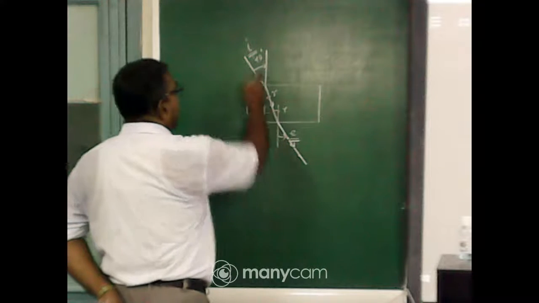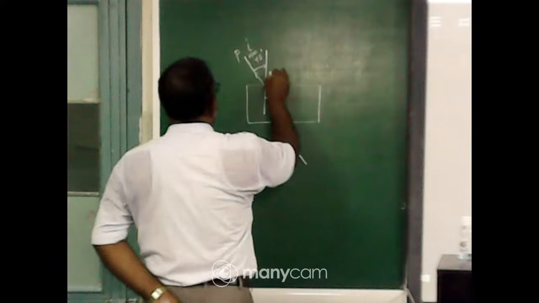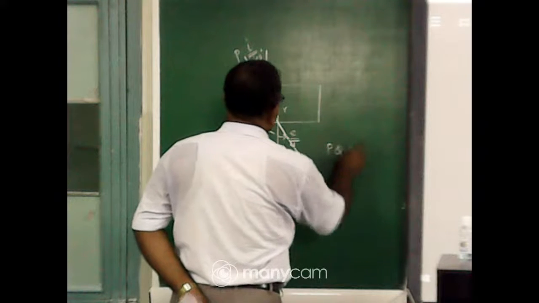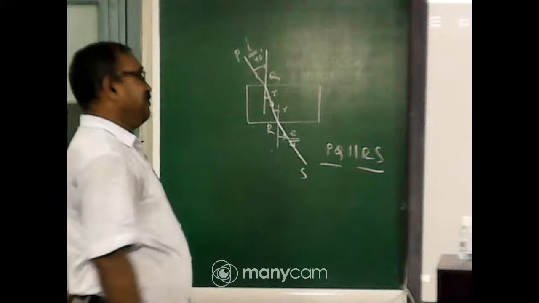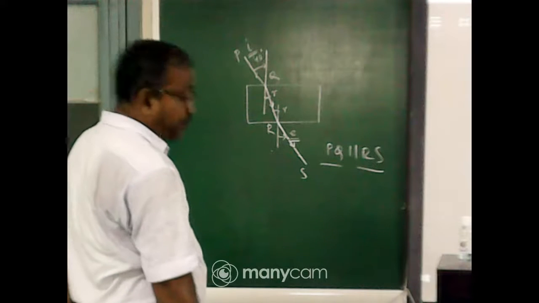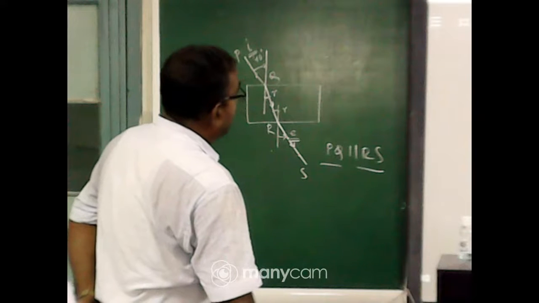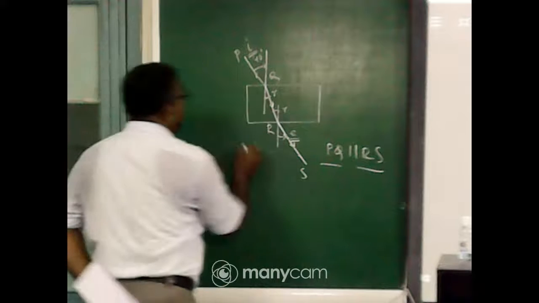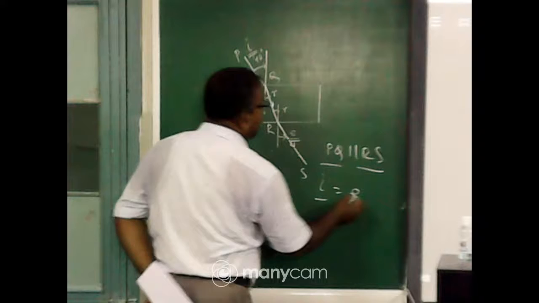If this and that angle are equal, you can say, suppose this is PQRS, PQ parallel to RS, means the incident ray and the emergent ray both are parallel. And angle of incidence is equal to angle of emergence.